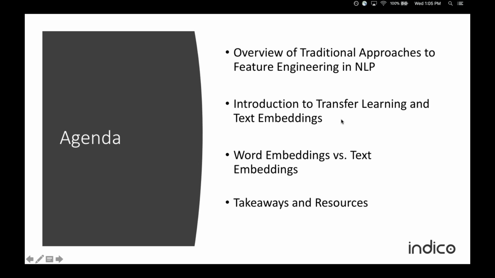The distinction between word embeddings and text embeddings. Most organizations today have started looking at word embeddings, which are a good introductory level to transfer learning here. But what we really want to do is give you a sense of how things have progressed, specifically over the last 5 years, and the distinction between word and text embeddings is really central to that. And finally, leave you with some takeaways and resources.